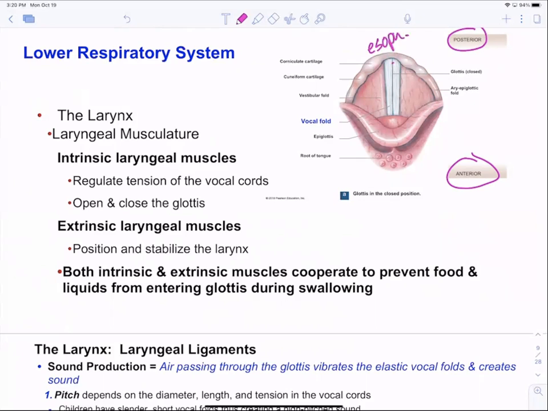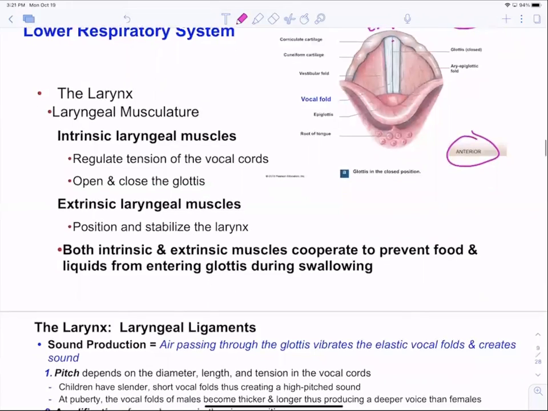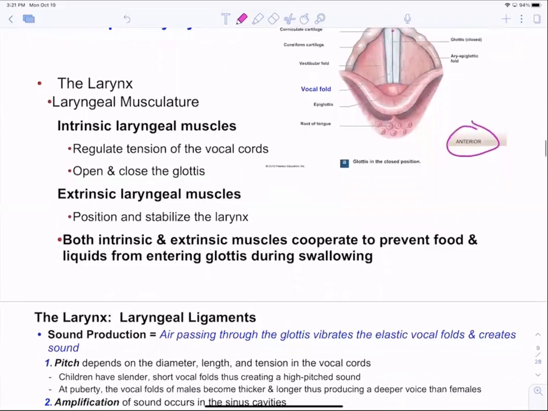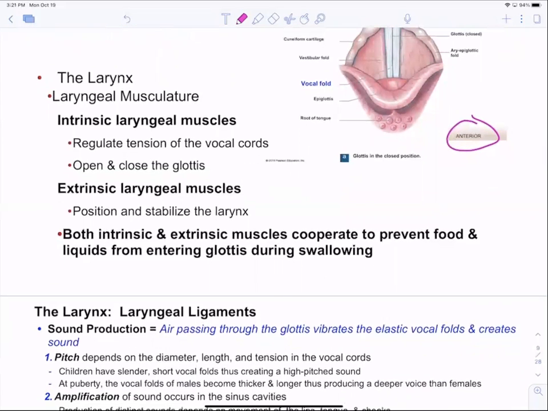It's back here. These vocal folds are going to open and close, and they're going to control how open and how closed and how tight they are. And so you have these muscles that are controlling sound: intrinsic laryngeal muscles, extrinsic laryngeal muscles, and the laryngeal ligaments.